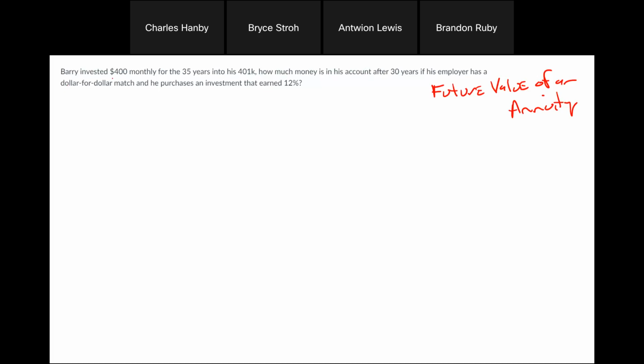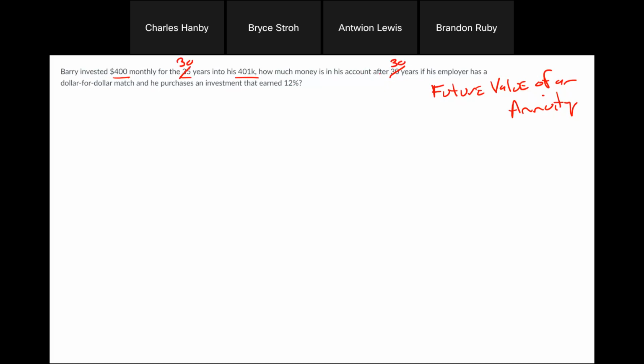So in this problem, Barry invested $400 a month for 30 years into his 401k. I apologize, I had 35 at first, but my problem is 30.